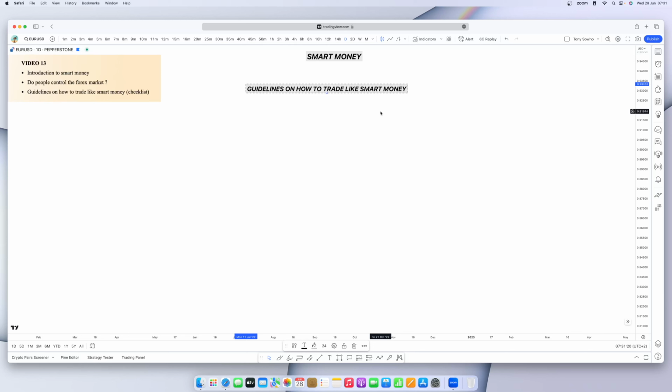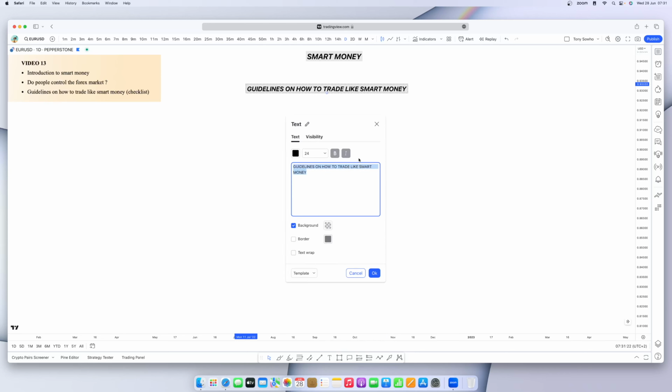Number one is the trend of the market. The first thing you want to determine is the trend. So let me write here: checklists for trading.